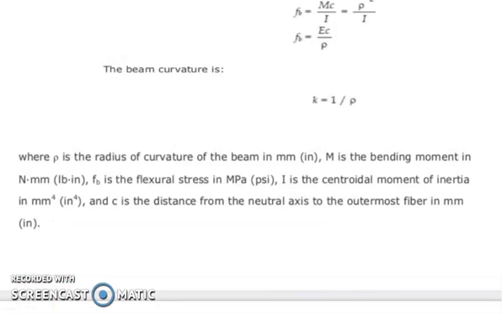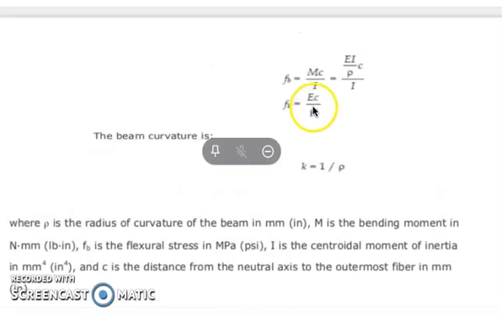Then we have our beam curvature, which is equivalent to 1 over rho. So our flexural stress can also be expressed in terms of the modulus of elasticity and rho: the flexural stress is equal to E times c over rho, the modulus of elasticity times the distance from the neutral axis to the topmost fiber over rho.